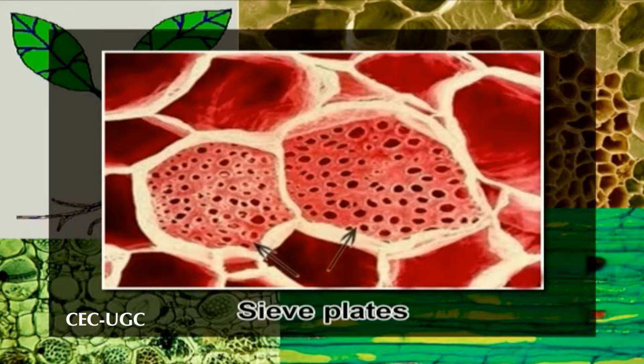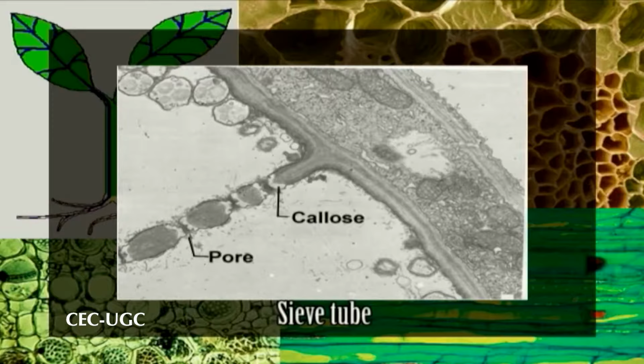Sieve plates have relatively larger pores than the other sieve areas in the cell and are generally found on the end walls of sieve tube elements, where the individual cells are joined together to form a longitudinal series called sieve tubes. The pores are bordered by a special polysaccharide called callose, which is made up of several glucose units.